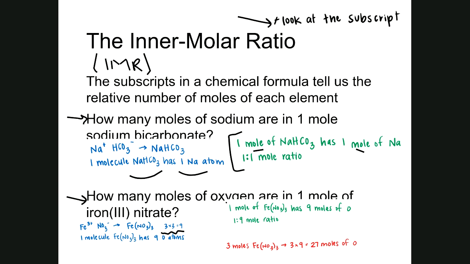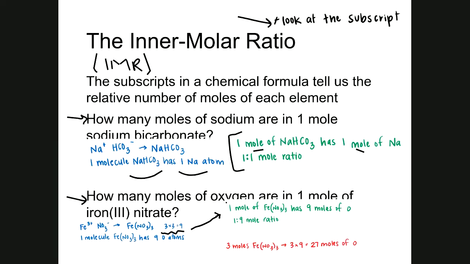And then we scale it up to moles by saying that 1 mole of iron 3 nitrate has 9 moles of oxygen. So here, it's not a 1-to-1 ratio, it's a 1-to-9 mole ratio. 1 compound has 9 oxygens.